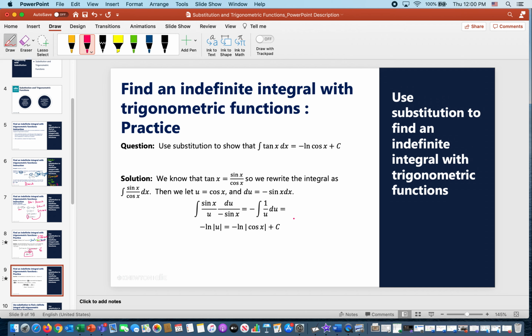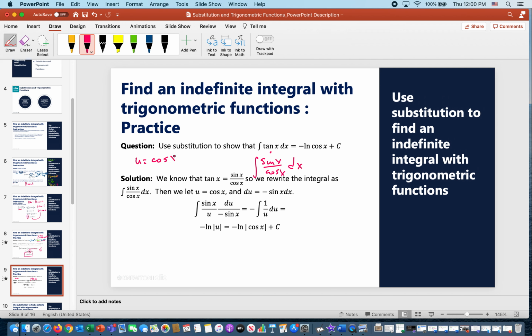So here's one that's interesting, right? So we've got the integral of tangent x. I'm using some of those trig identities. I'm going to call this tangent, I'm going to call it sine x over cosine x dx. So u is going to equal cosine x, and that makes du negative sine x dx.